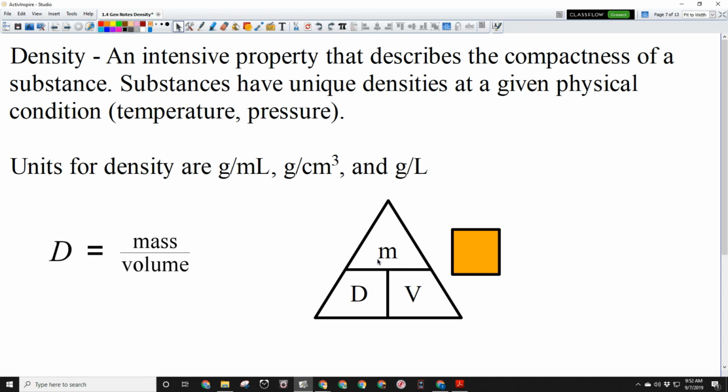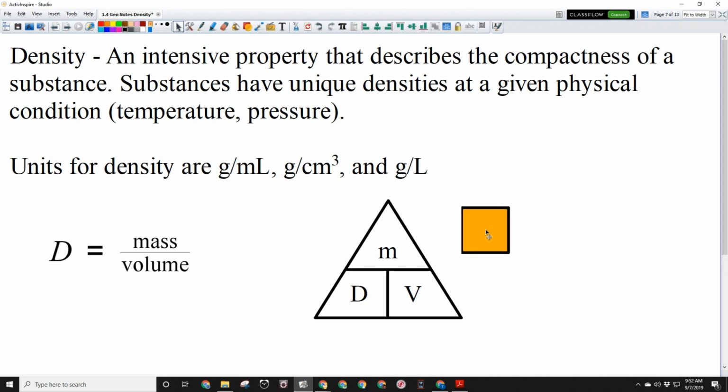And it helps you know how to rearrange better. So what you do is you draw the triangle and you draw a horizontal line here and a vertical line here. And you put density is equal to mass over, okay, see the line, mass is over volume. So density is equal to mass over volume.